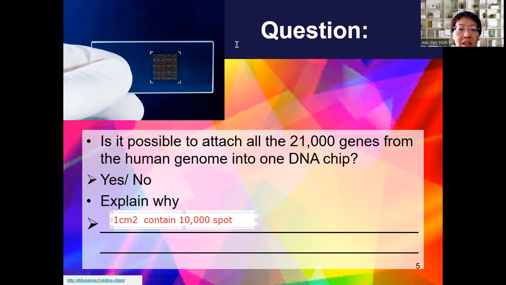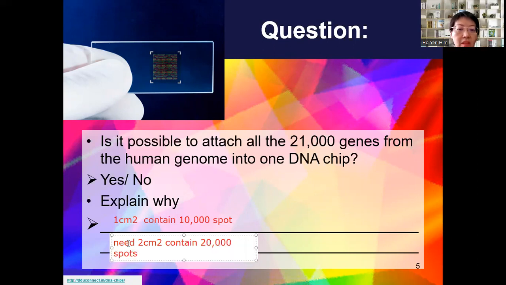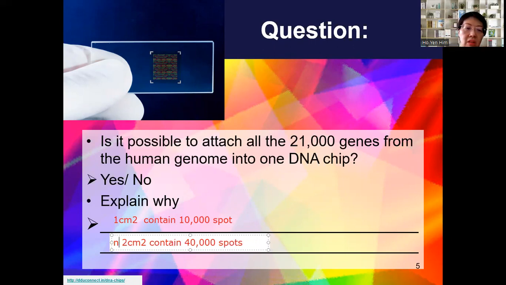So we need a minimum of slightly more than 2 cm square to contain 20,000 spots, right? Actually, 2 cm square will already contain 40,000 spots. Can you all see?